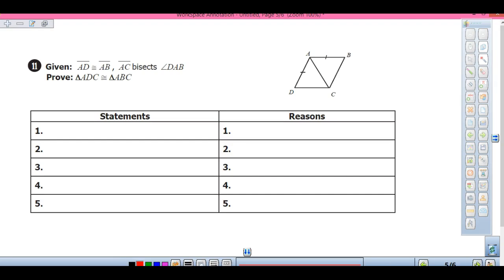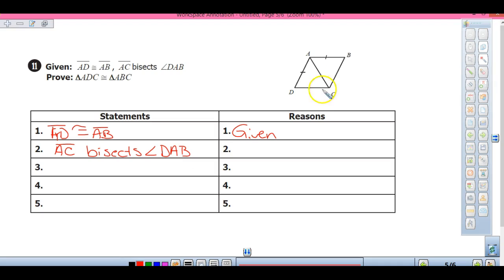All right. Write our givens. AD is congruent to AB. That's already marked for us. Good. Then it says AC bisects. What the heck does bisect mean? Split something into 2 equal parts, right? Okay, so AC bisects angle DAB.